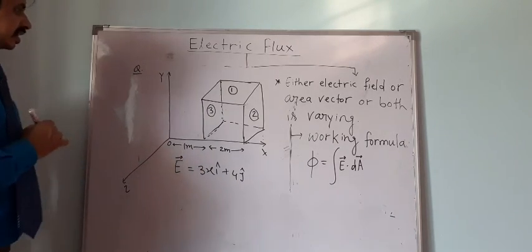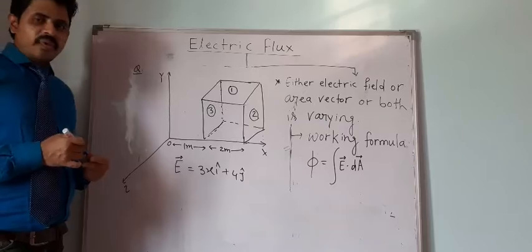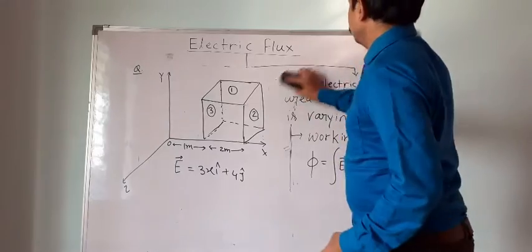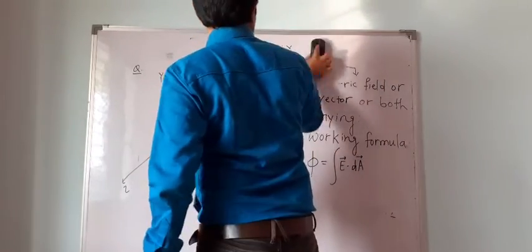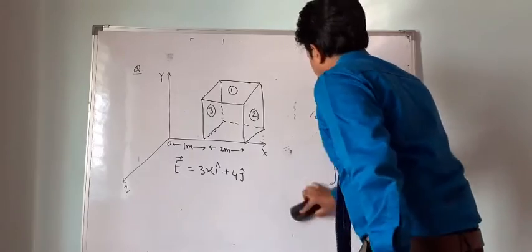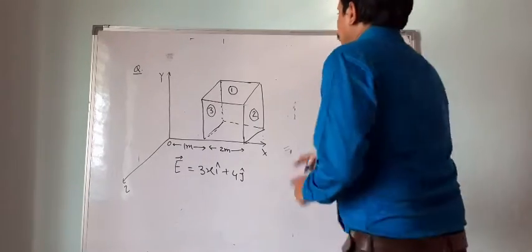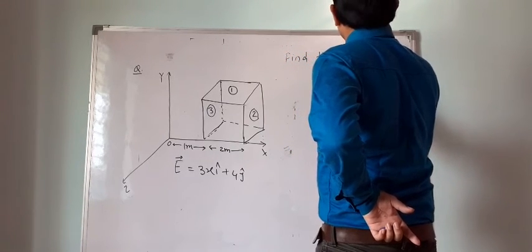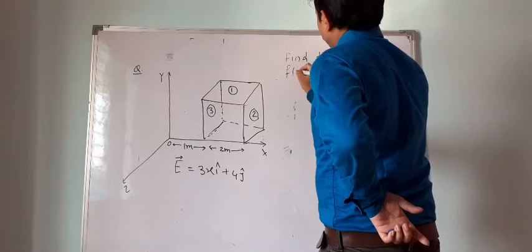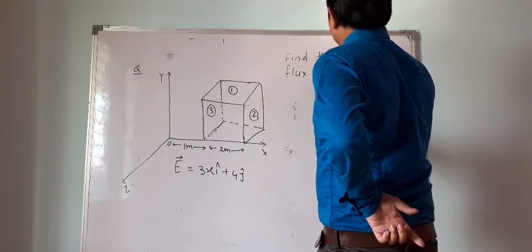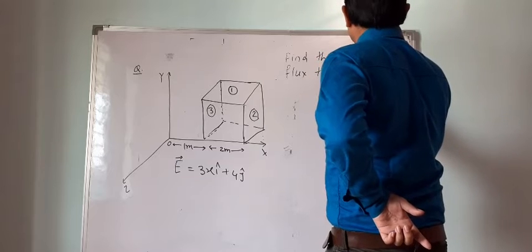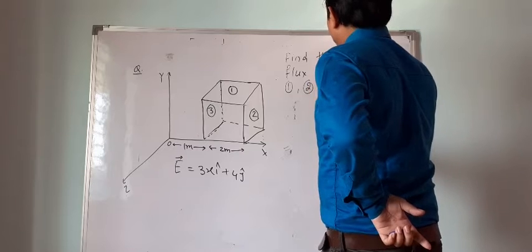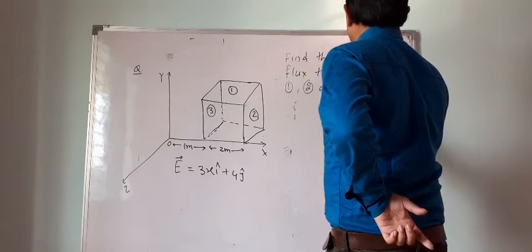So the question is to find the electric flux through surface 1, 2 and 3.